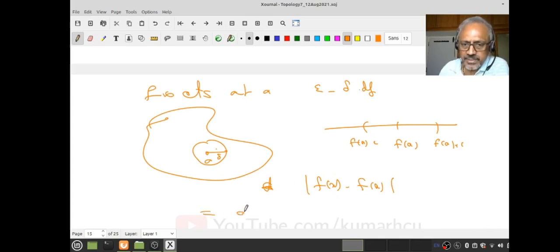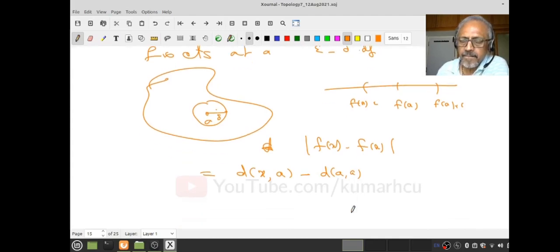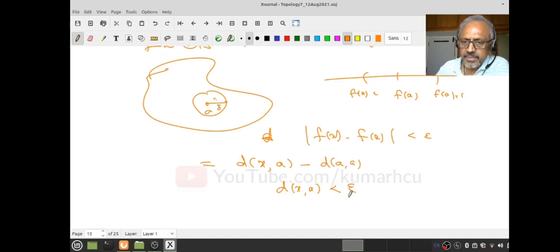This fellow is nothing other than the distance between x and a minus the distance between a and a. You see that I want to find a delta so that for all x here, f(x) should lie in this interval, which is the same as saying this is less than epsilon. But f(a) is 0. That means I have to check the distance between x and a is less than epsilon.